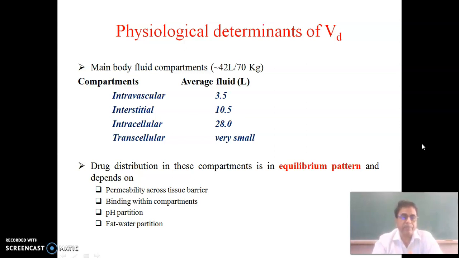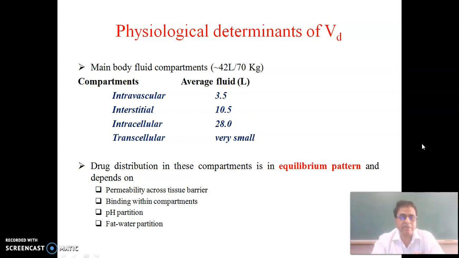In other words, we all know that lipid soluble drugs are easily able to cross the plasma membrane, so they have free movement. But apart from this, a drug is able to bind to various proteins, either in the vascular compartment or in the tissues, which holds the drug. So that's why it is not able to diffuse across the body uniformly.